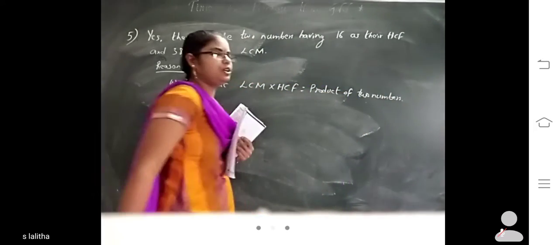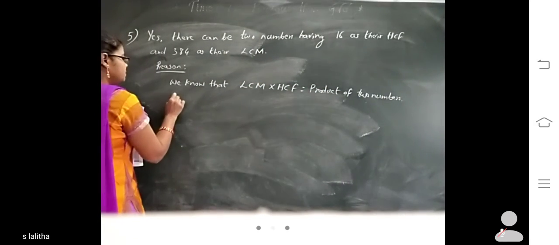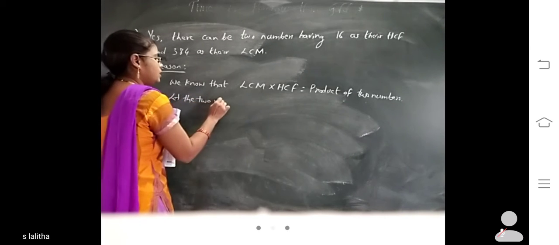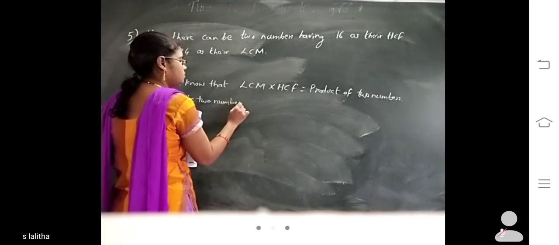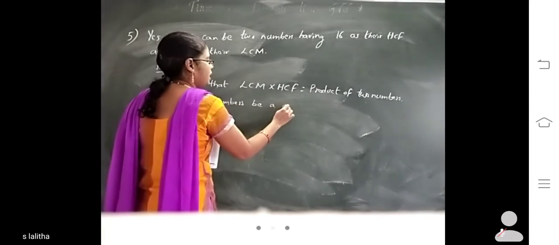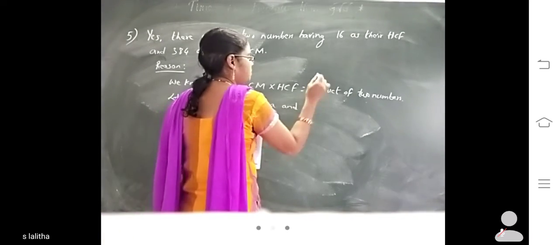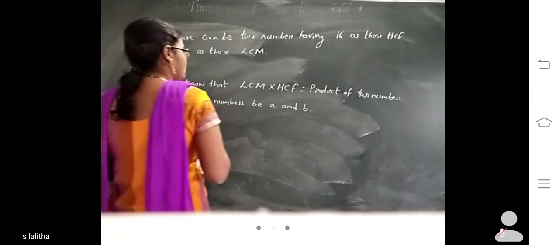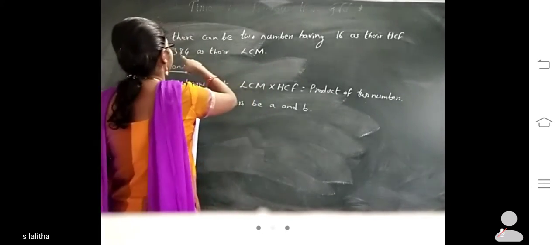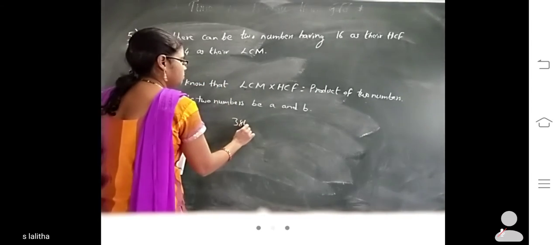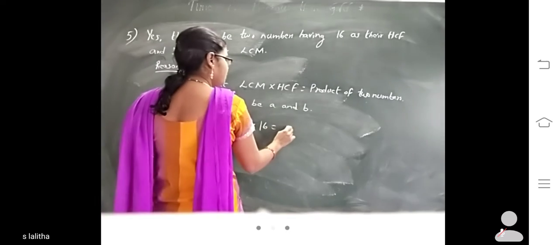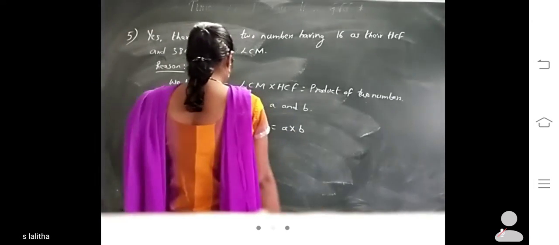We don't know the two numbers, so let the two numbers be A and B. Okay, what is LCM given here? 384 into HCF 16 is equal to A into B.